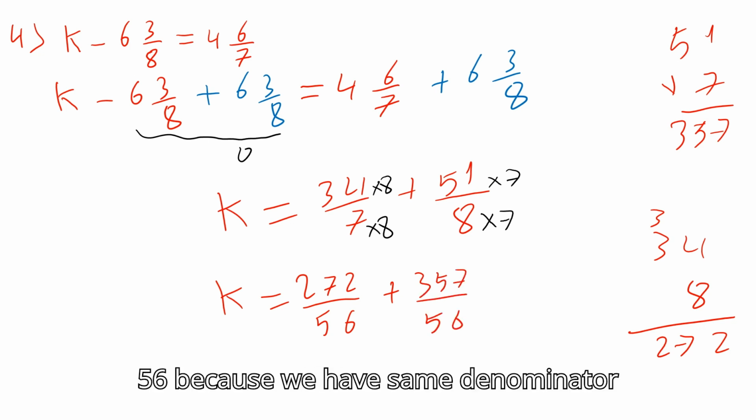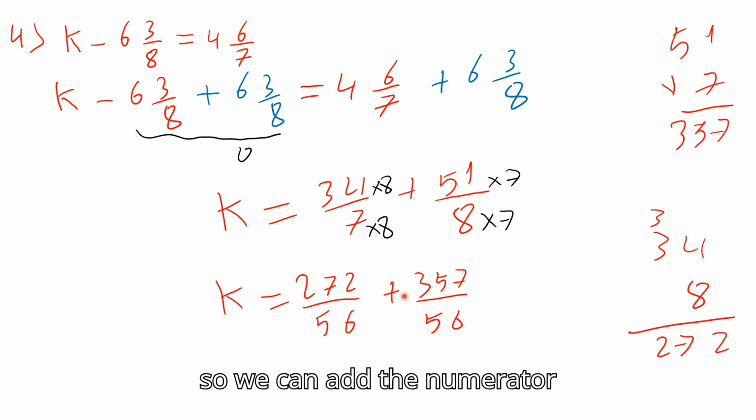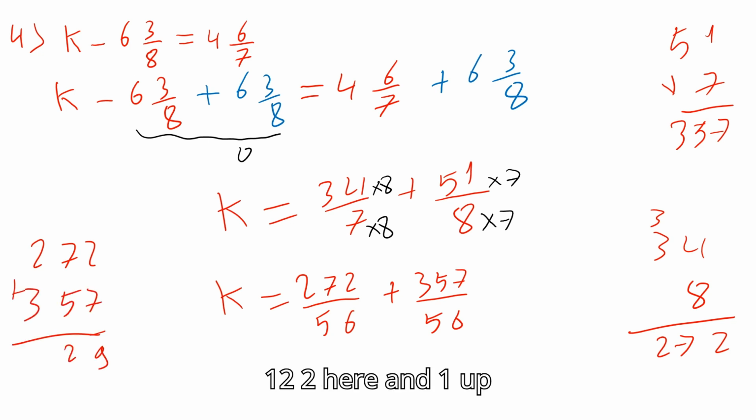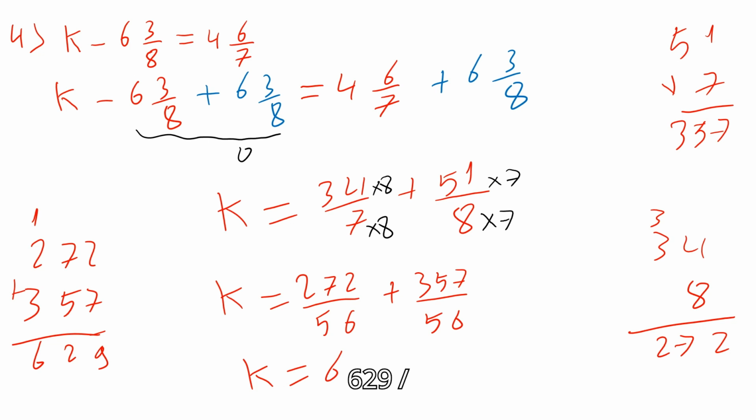Because we have the same denominator, 56 and 56, we can add the numerators. So 272 plus 357, which gives 629. So the answer here is k equals 629 over 56.